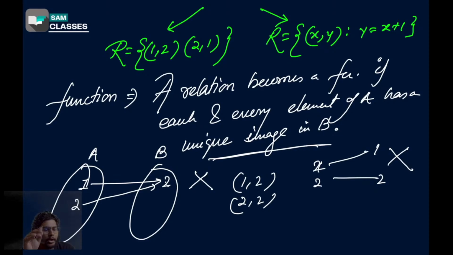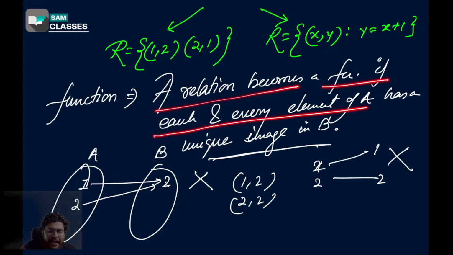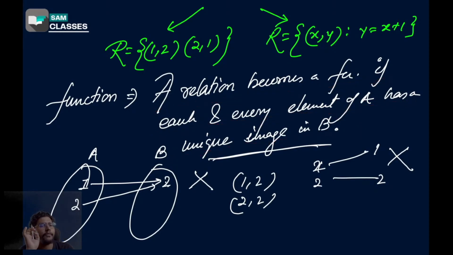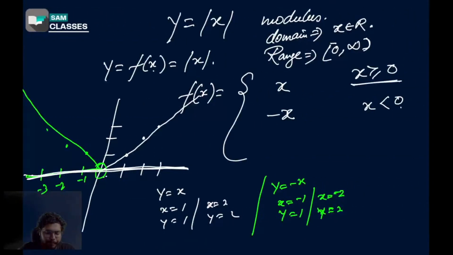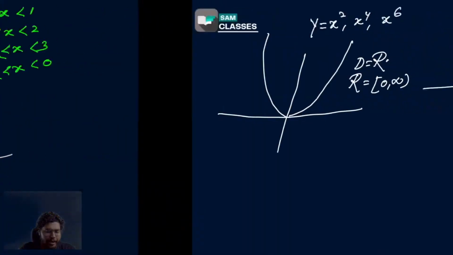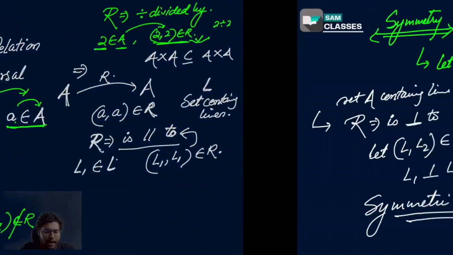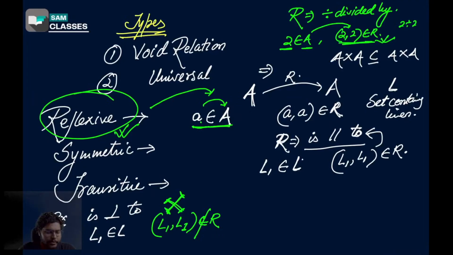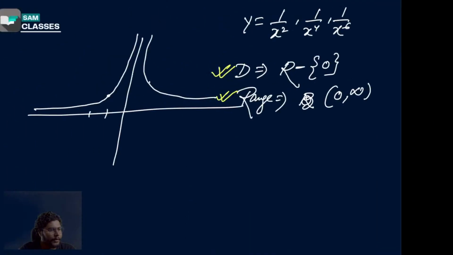A function is a relation, and it becomes a function if each and every element of set A has a unique image in set B. Means if a relation follows a certain condition, it becomes a function. First we'll do these 11th-class topics, functions and all, and then we'll go for types of relations. Don't worry, we'll come to all of it. Nothing will be left out.